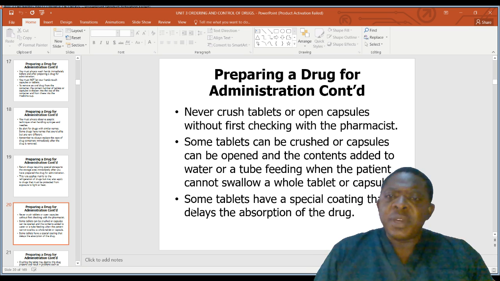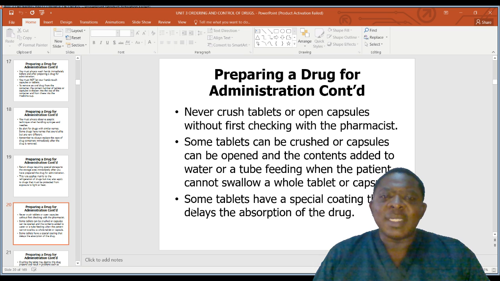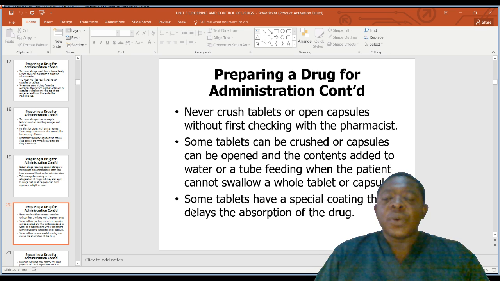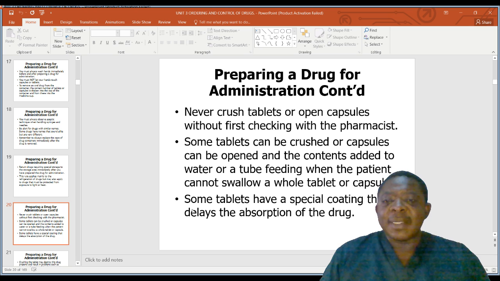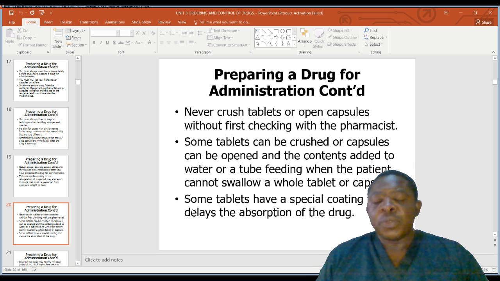Some tablets can be crushed or capsules can be opened and the content added to water or tube feeding when the patient cannot swallow a whole tablet or capsule. Some tablets have a special coating that delays the absorption of the drug.